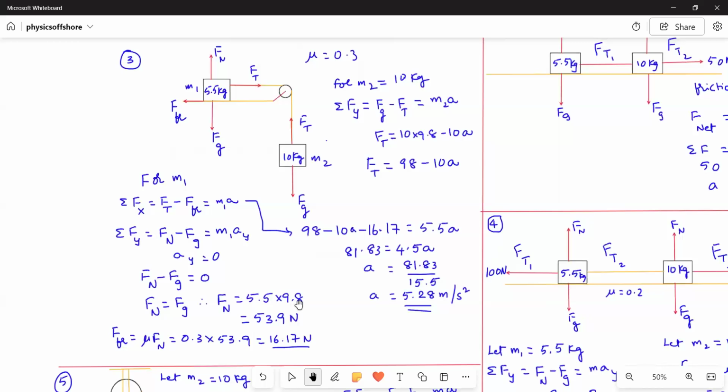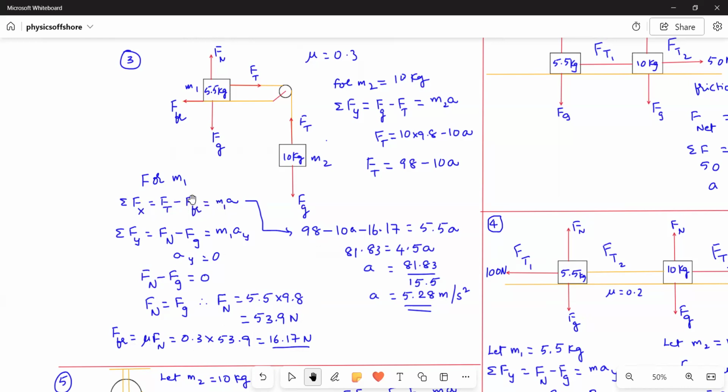Mg is 5.5 times 9.8, which is 53.9. We know friction is equal to mu Fn. Mu is given as 0.3, therefore 0.3 times 53.9 is equal to 16.17 newtons. Now substitute the friction in the x-dimension equation.